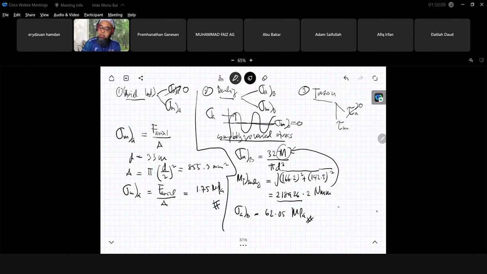Okay, untuk torsion, we don't have alternating. So just has the steady load, shear load, steady shear stress.